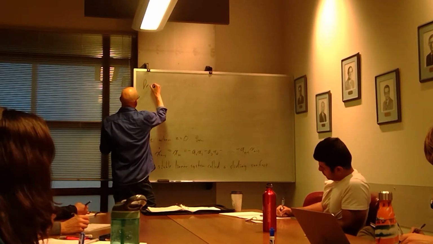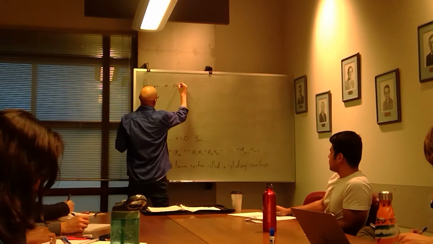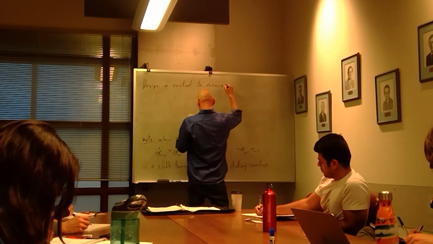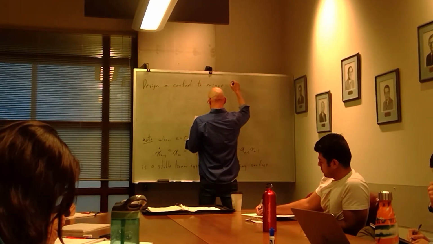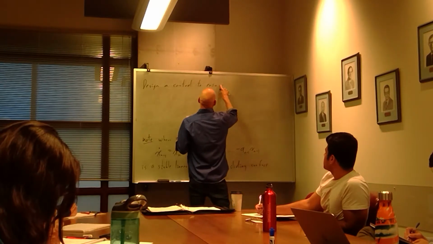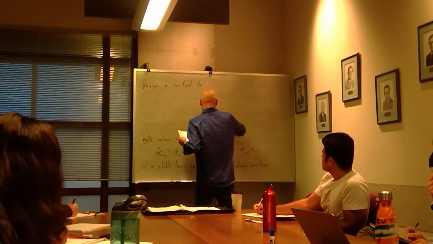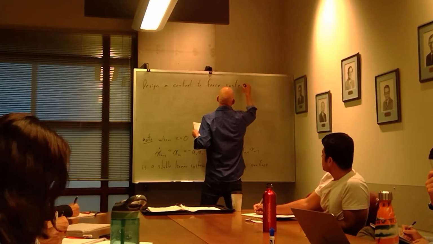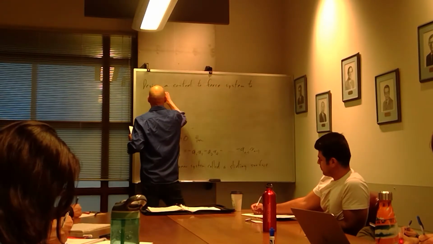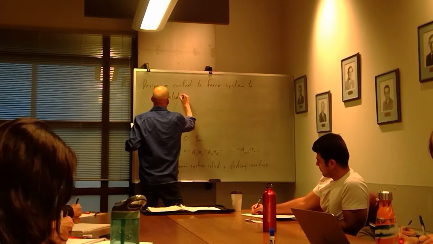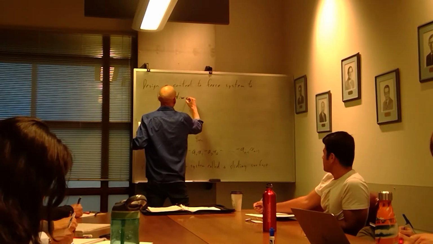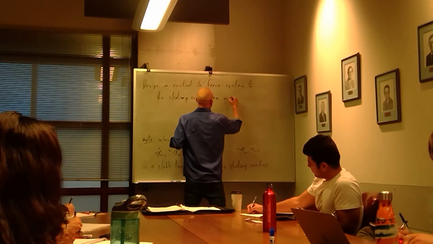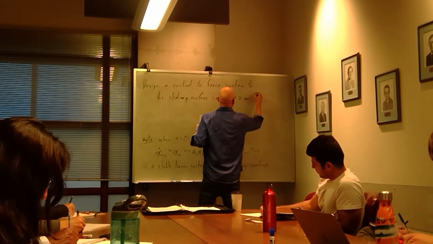So design a control to ensure the system is forced to the sliding surface, i.e., make z go to 0.